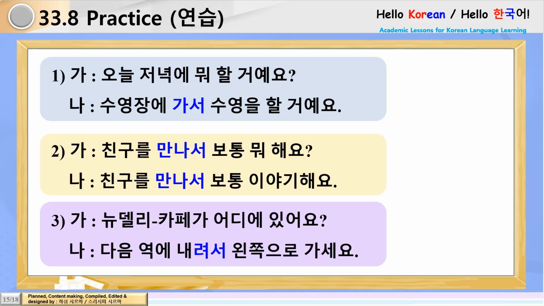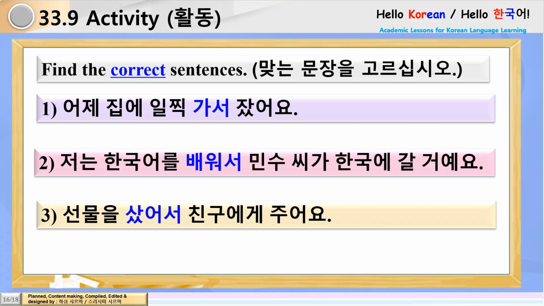Now let's do one exercise activity. Please pause the screen first. Don't move it, 여러분, and listen to the instructions. Take time and check each sentence carefully and find out which sentences are right and which are wrong.